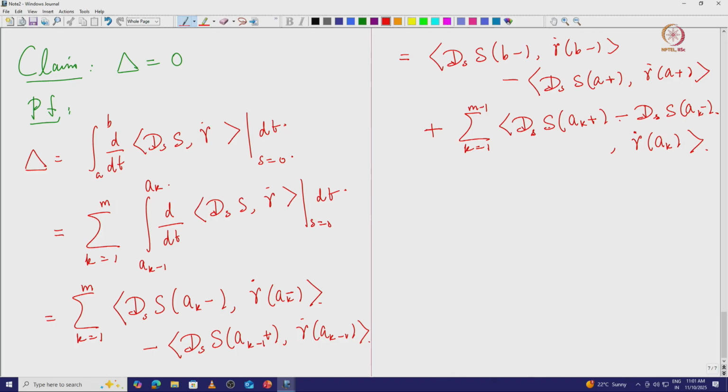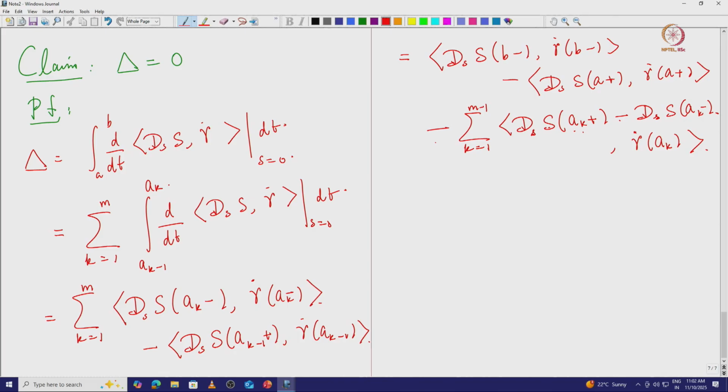So let me just make sure that I have got the sign correct. So for instance, when k is equal to m minus 1, am minus 1 plus will show up with a positive sign. So there should be a minus sign here. Yeah. So you can carefully check that this is indeed the case.